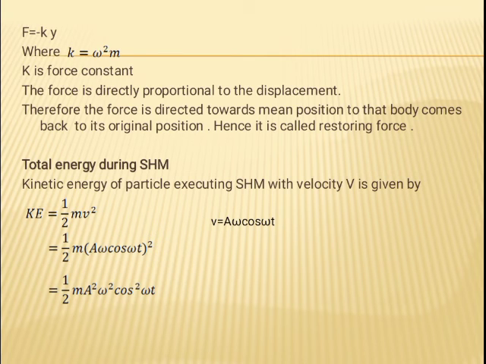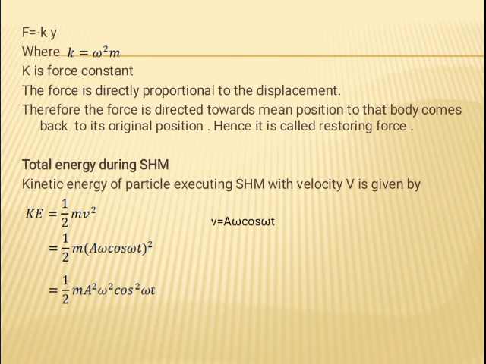If I consider the total energy during simple harmonic motion, what is the total energy? Does simple harmonic motion have a total energy? Yes, it has a total energy. So what is total energy? Total energy is the sum of kinetic energy and potential energy. How has it got a kinetic energy and a potential energy?